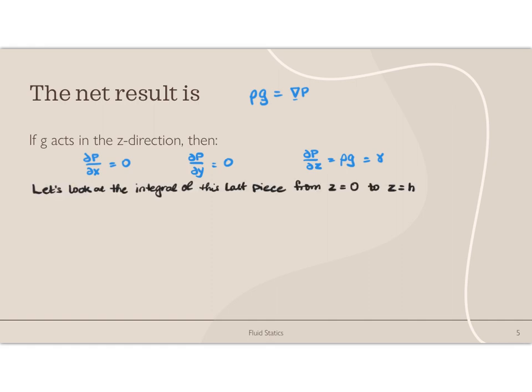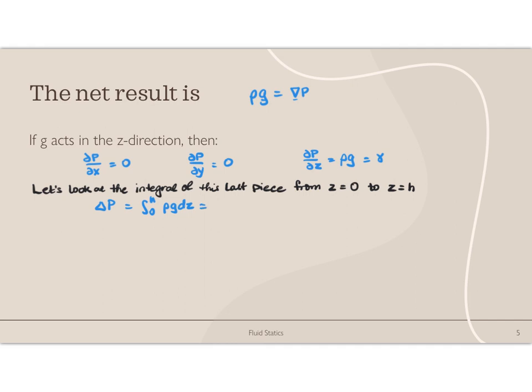So let's look at the integral of just this last piece. The other ones are not very interesting. Let's integrate this from a height of 0 to an arbitrary location h. So in this case, delta P is equal to the integral from 0 to h of rho g dz.